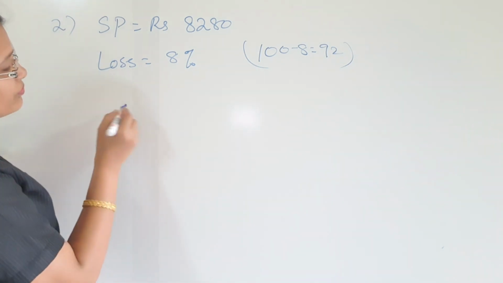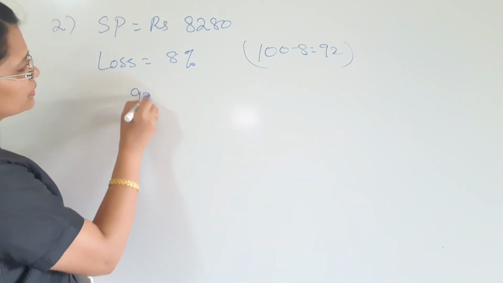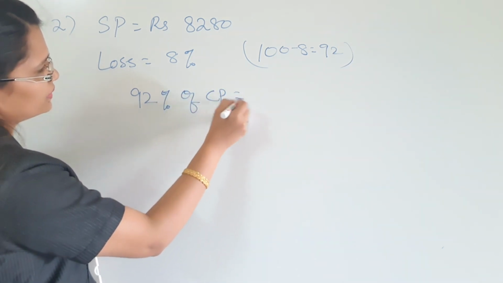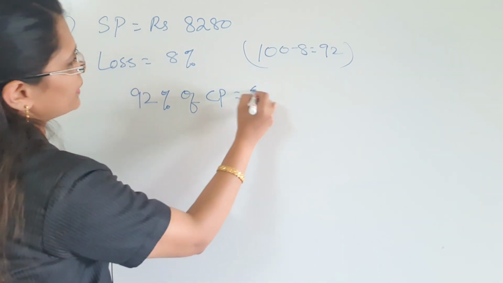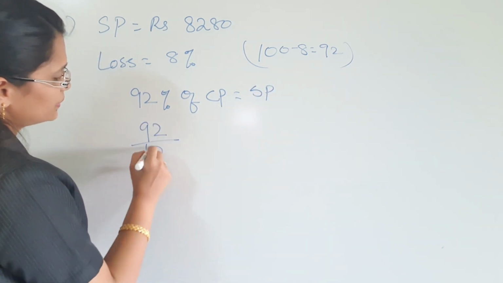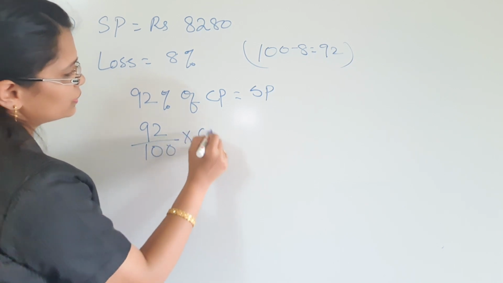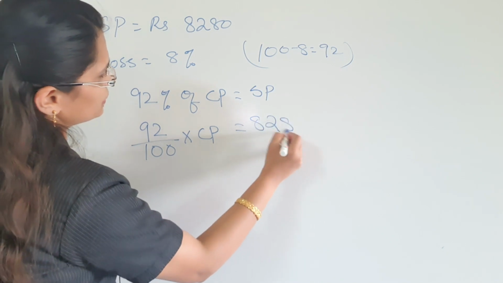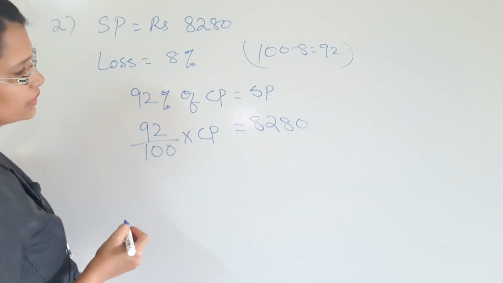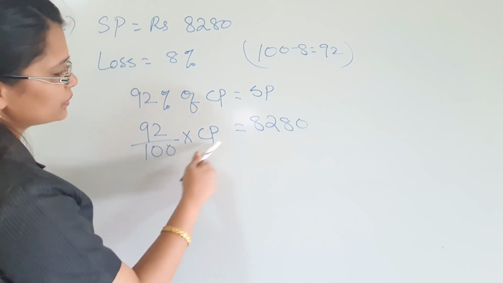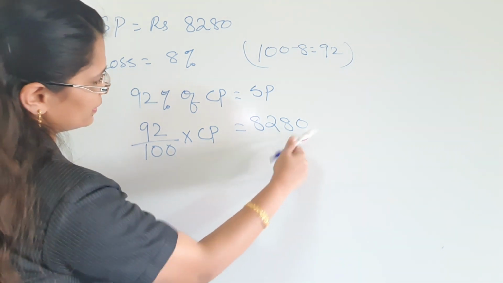Okay. So here 92% of cost price is equal to selling price, right? So 92% of means 92 by 100 into CP is equal to selling price 8280. 92 by 100 into CP is equal to 8280.